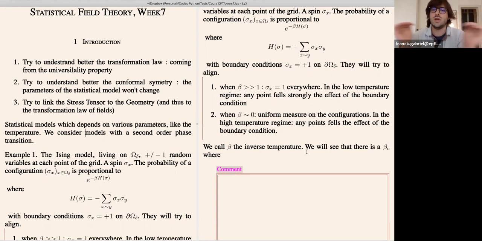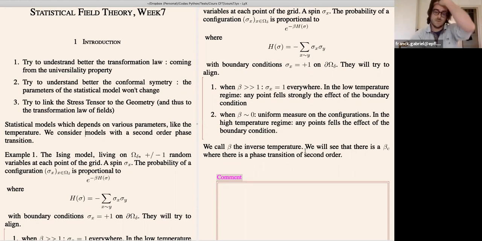Okay, so your spin will not be equal to 1 when you are looking at the point in the middle of the grid, but still it won't be totally random. So there is a phase transition of second order.